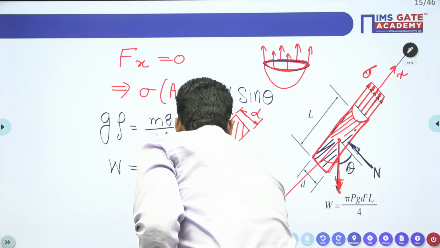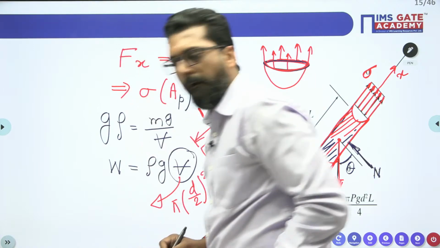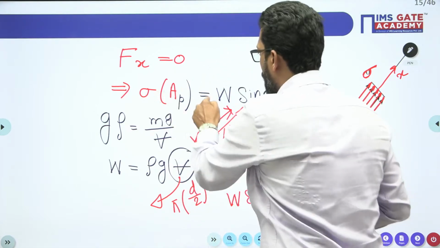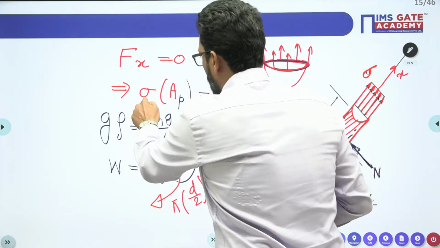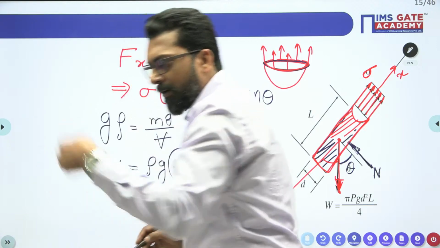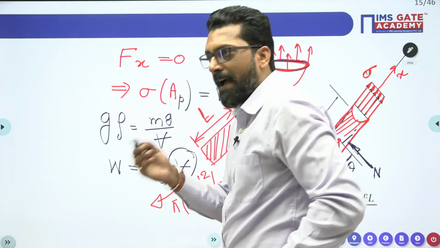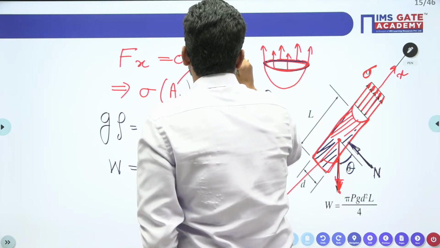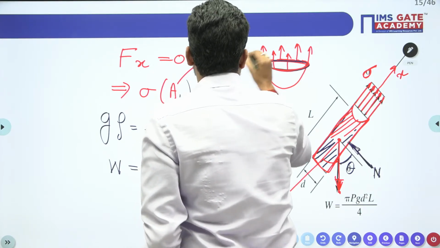So rho g into this volume, and the perimeter is pi into D.